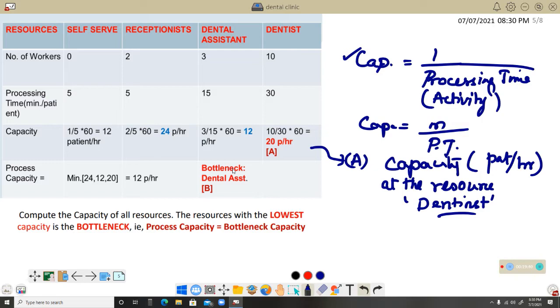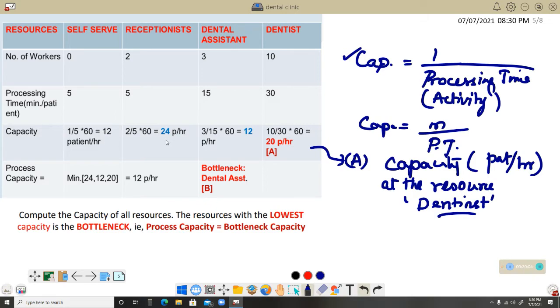Now the second calculation, the second step, goes with the process capacity. Whenever we speak of process capacity, it is the minimum. Process capacity is the minimum of these particular capacities. We don't consider this one just because there are no workers over there.